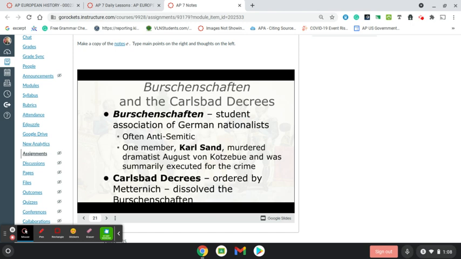Eventually, because of this, Metternich, having some sway over the German states, will advocate what are called the Carlsbad Decrees. The Carlsbad Decrees will outlaw these nationalist organizations from existing.